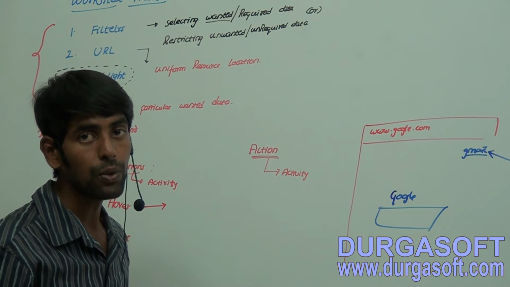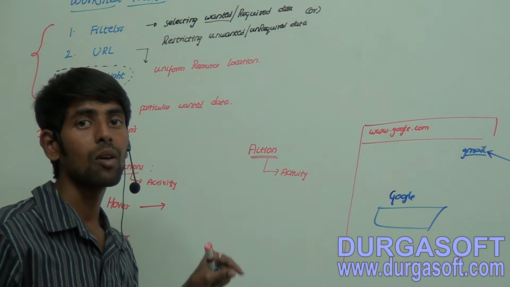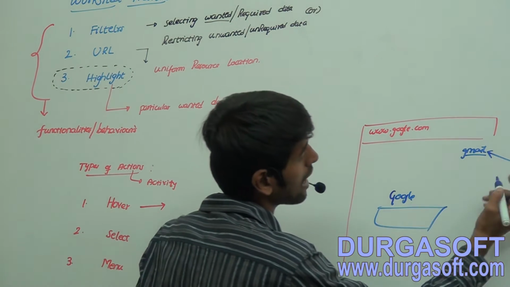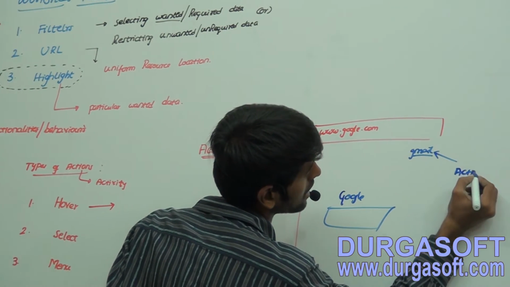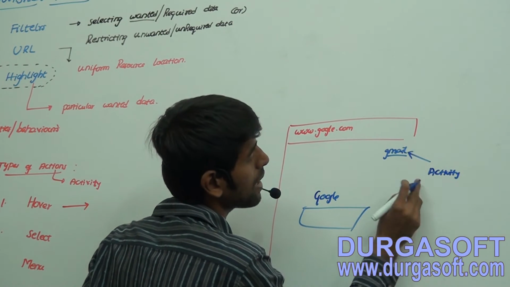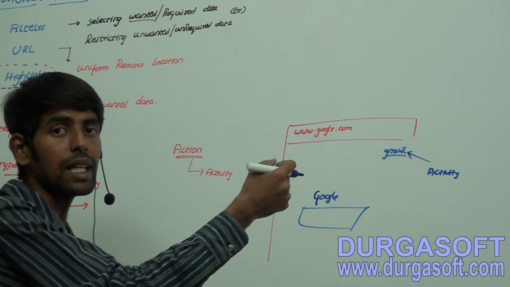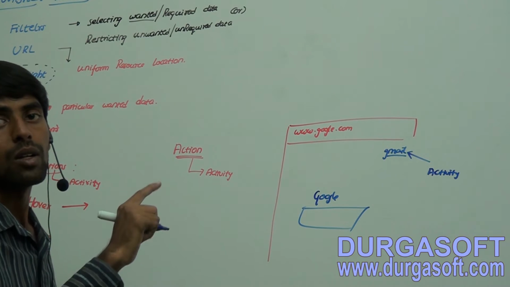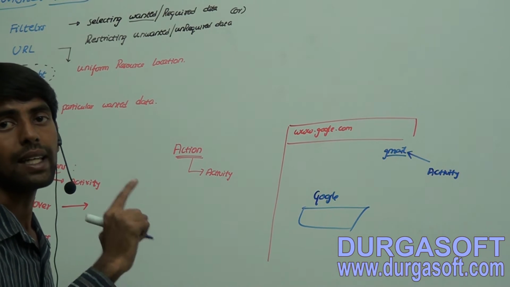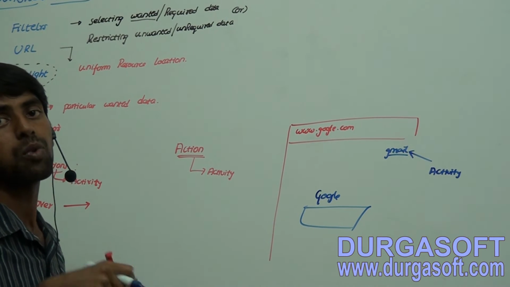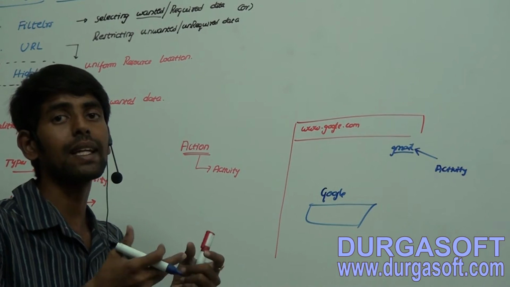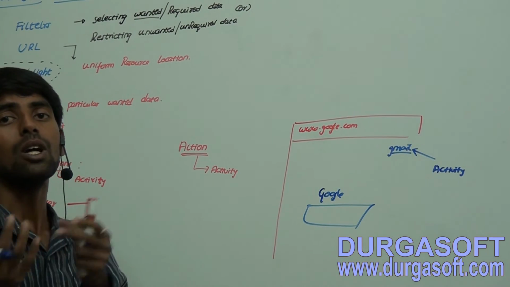No, it is not going to navigate me. Why? Of course, I did one activity. What is that activity? I placed my cursor at the Gmail button, right? But is that giving any output to me by performing some functionality internally? No, they didn't provide that. They didn't associate any functionality for that activity.